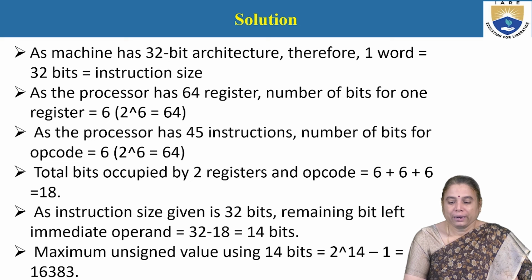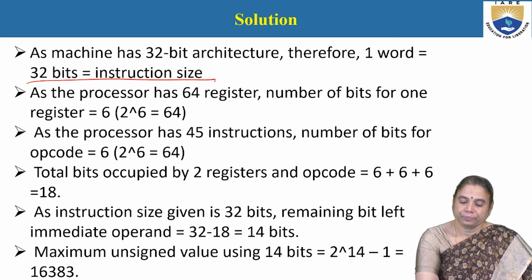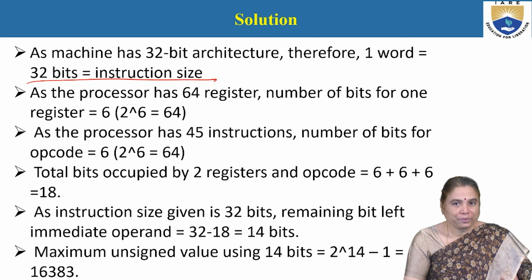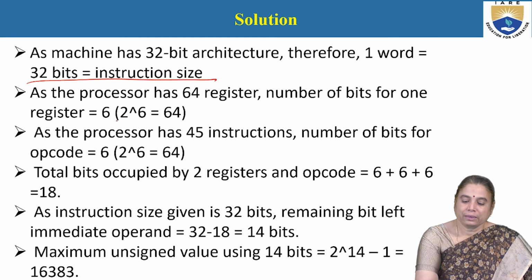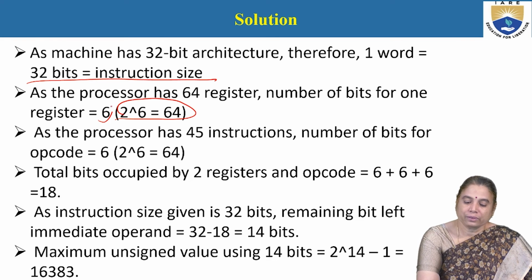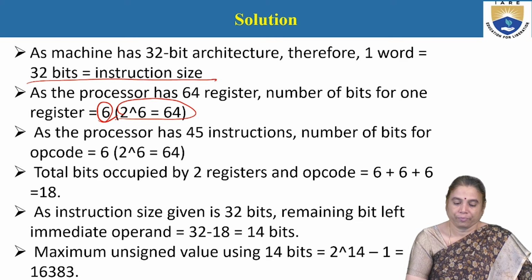So it is a 32-bit architecture and each one word is equal to 32 bits, so each instruction size is 32 bits. As the processor has 64 registers, 2 power 6 is 64, so 6 bits are used to represent the registers.